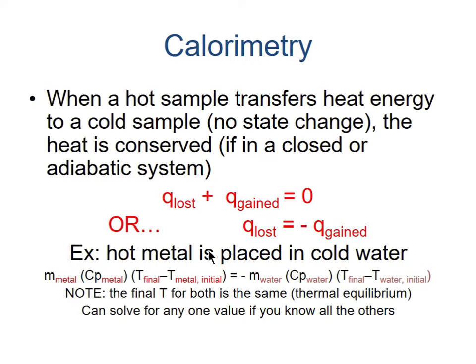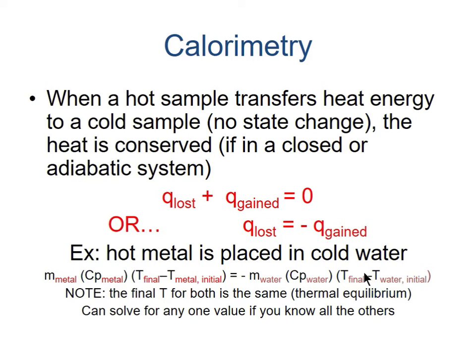But if I put a hot metal, then the hot object of the metal would be the thing that's losing energy, and if it was just a physical change of changing temperature, my Q equation would be mass times specific heat times the change in temperature. Similarly, the cold water would be the cold object that's gaining the heat, and I would have a negative sign times the energy, the heat energy of the cold water gaining, which is the mass times the specific heat times the change in temperature.